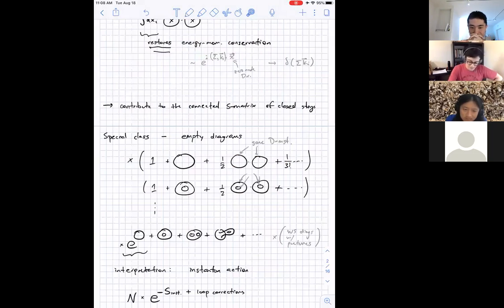So as we can see, these exponentiate nicely for every Euler number into this expression right here: the empty disk, the empty cylinder, the 2-hole disk, and so on. And they factor out of the worldsheet diagrams with punctures, where the closed strings come in, the closed strings come out.